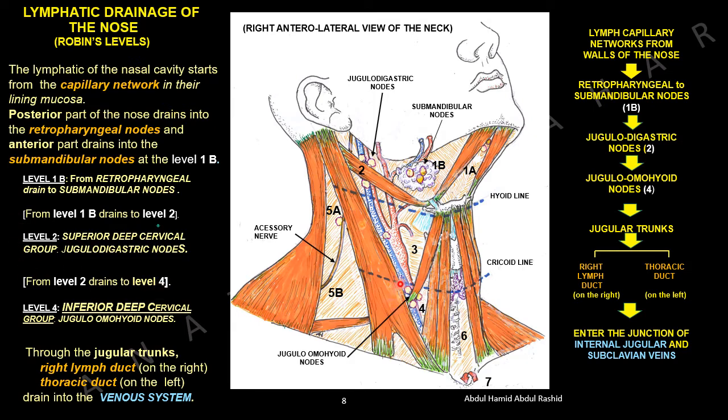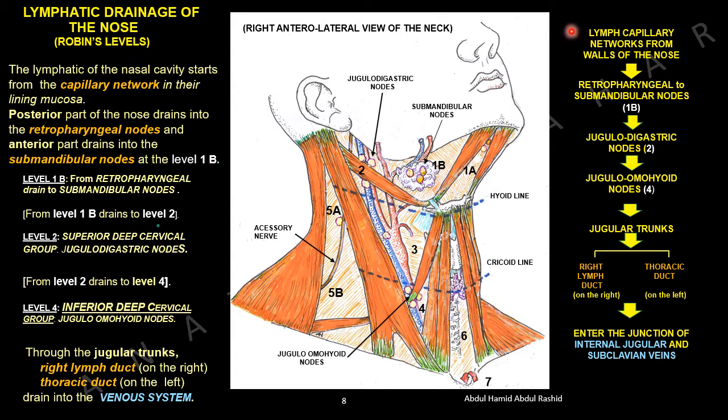This is also known as the lower deep cervical nodes or jugulo-omohyoid nodes. From level 4, lymph will drain to the jugular trunks, that is the right lymphatic duct on the right side and the thoracic duct on the left side, which drain to the venous system.